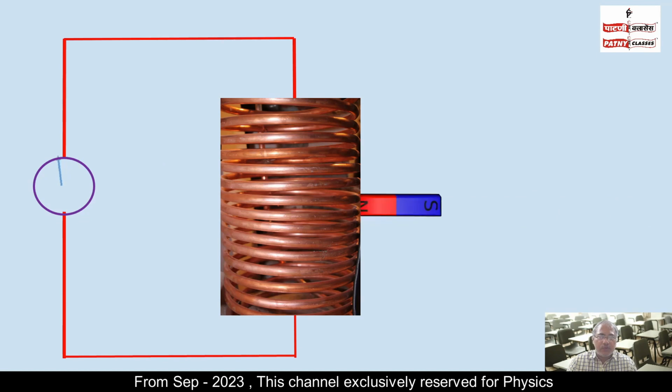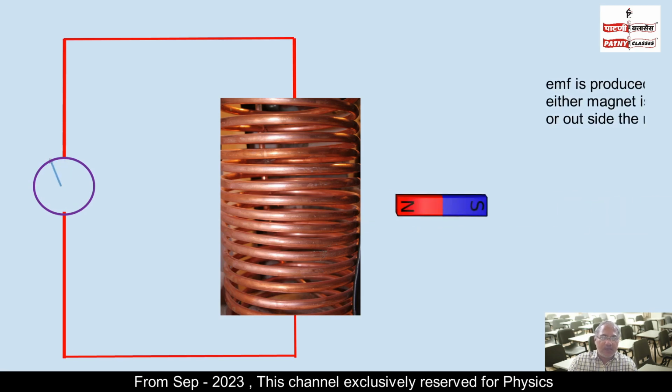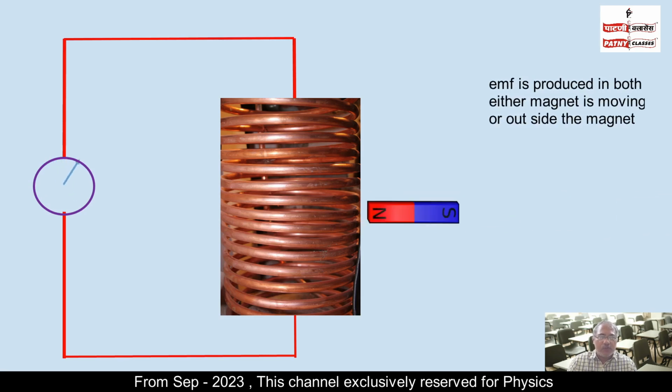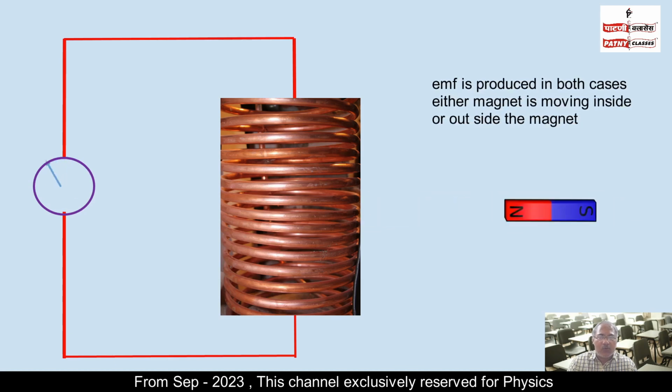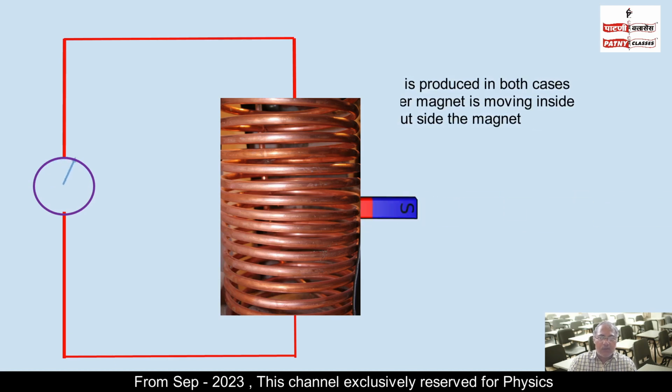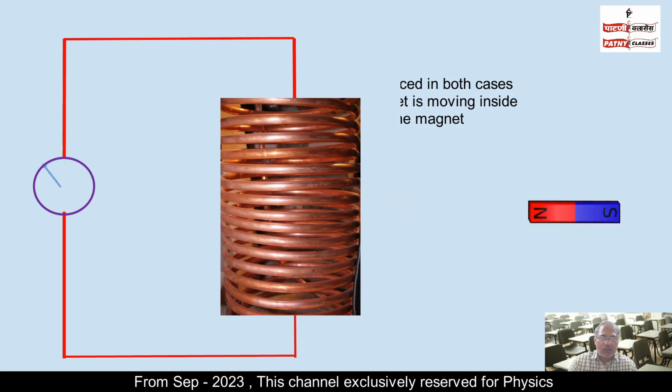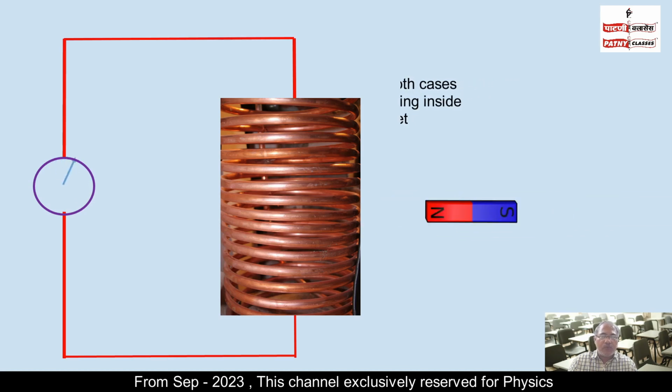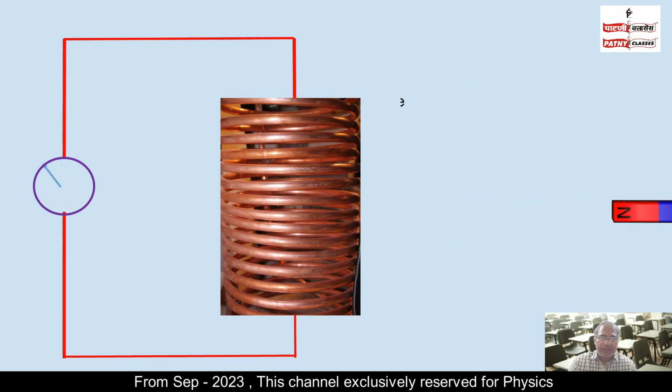Now if the magnet is moved quite fast outside the coil, we observe that the galvanometer shows deflection in both forward and reverse directions. From the above two experiments, it is clear that irrespective of whether the magnet is inside the coil or outside the coil, if the magnet is in motion, then deflection is observed in the galvanometer.